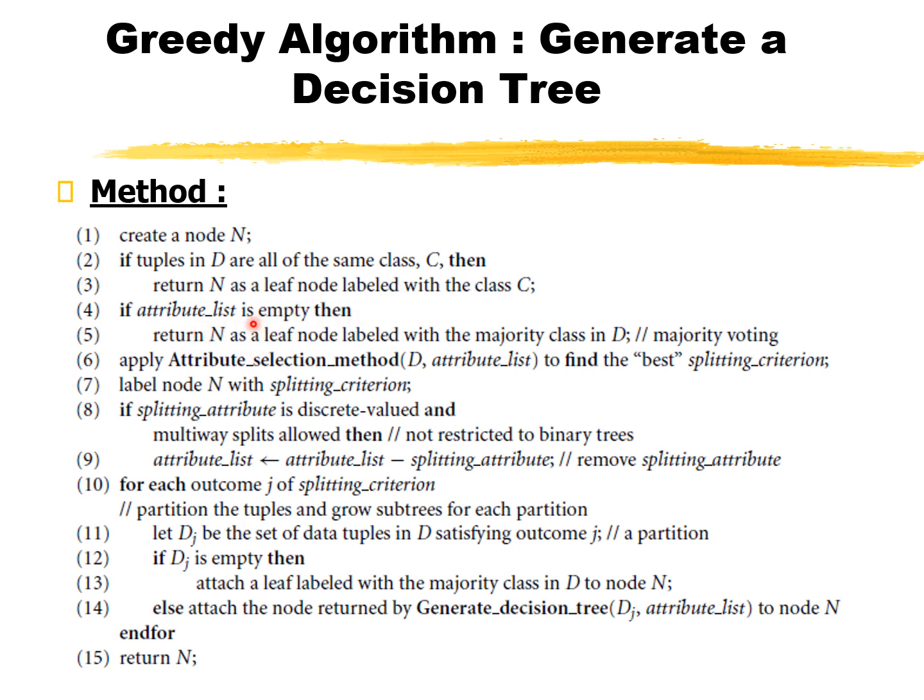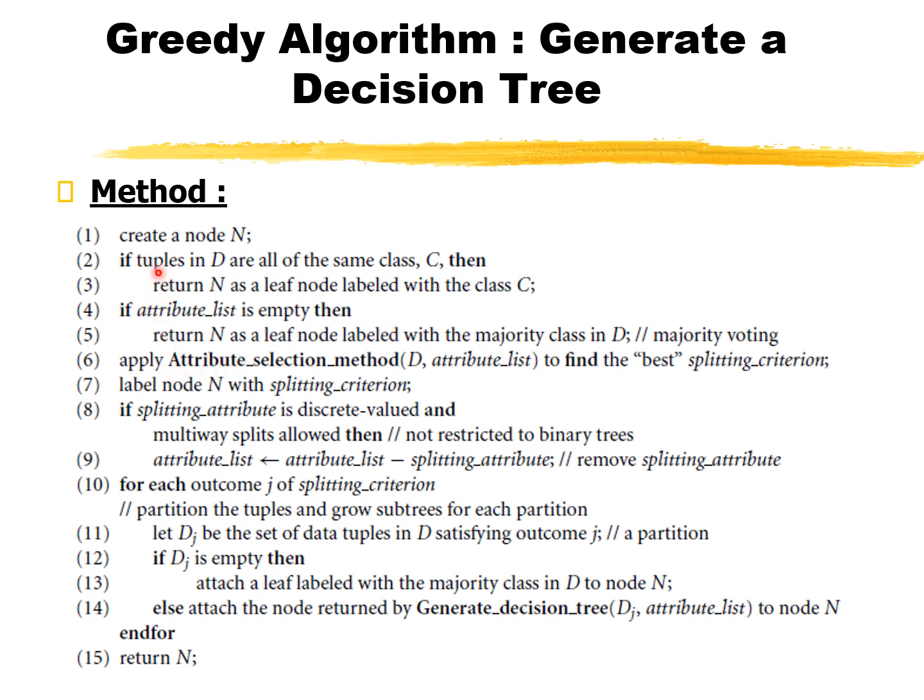If we don't have any more attributes in the attribute list, then we will return the current node as a leaf node, and this leaf node will be labeled by the majority of the classes that have been assigned. So if the majority is yes, then n will have the class yes. If the majority is no, then it will be no. These are the available labels, yes or no.